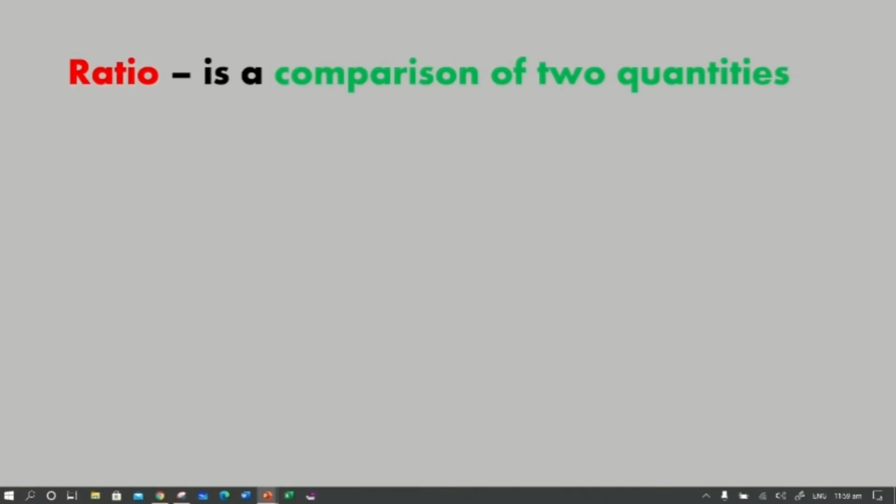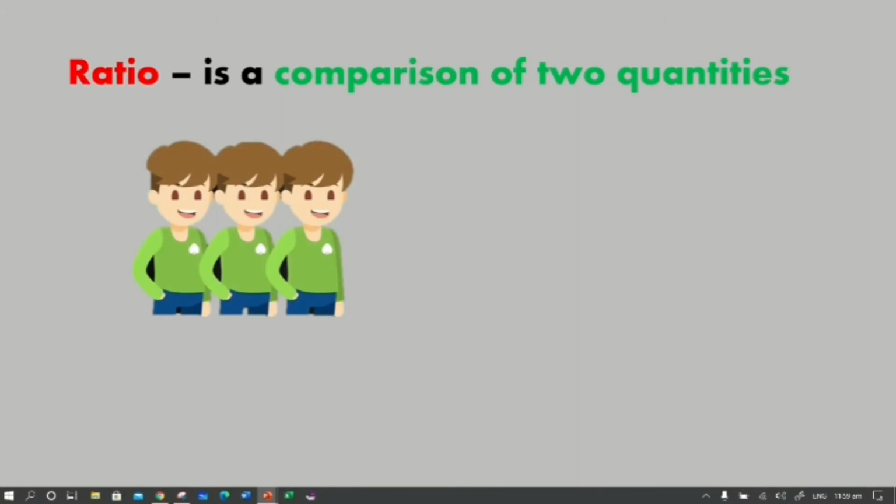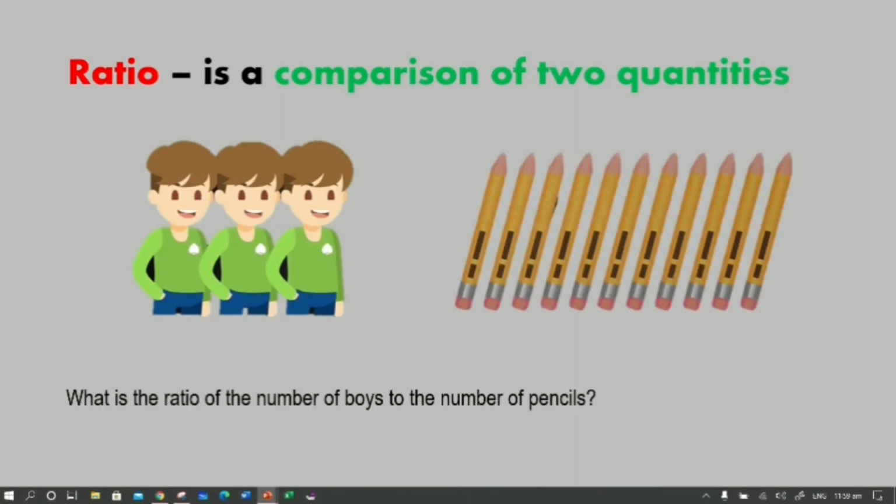In my previous video, we discussed the definition of ratio and proportion. If you still remember, a ratio is a comparison of two quantities. Let's say you have these pictures. What is the ratio of the number of boys to the number of pencils? The answer is 3:11. There are 3 boys and 11 pencils.